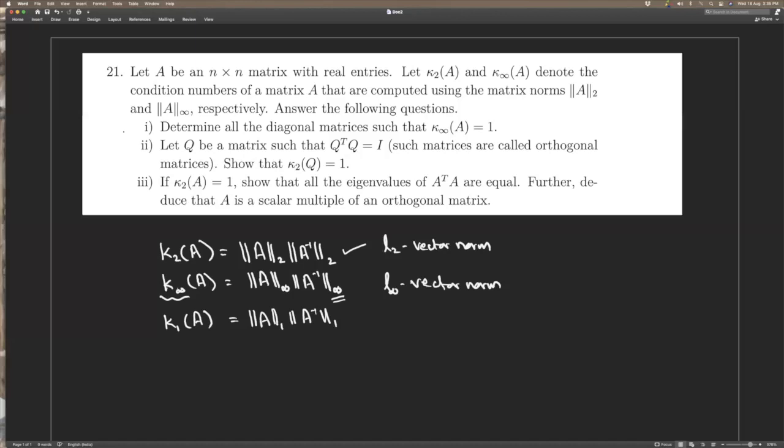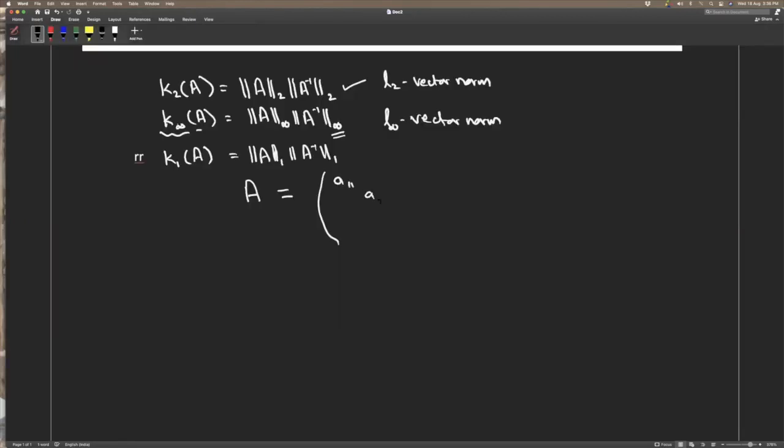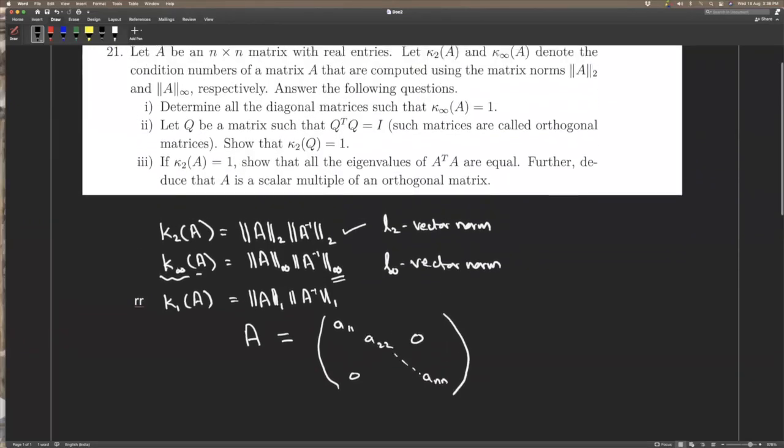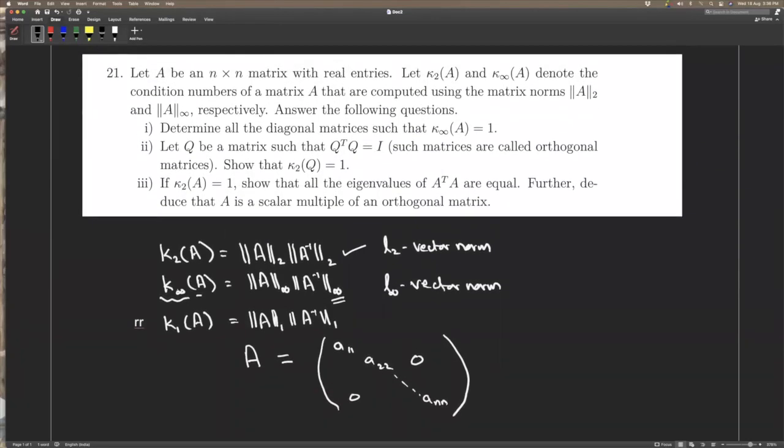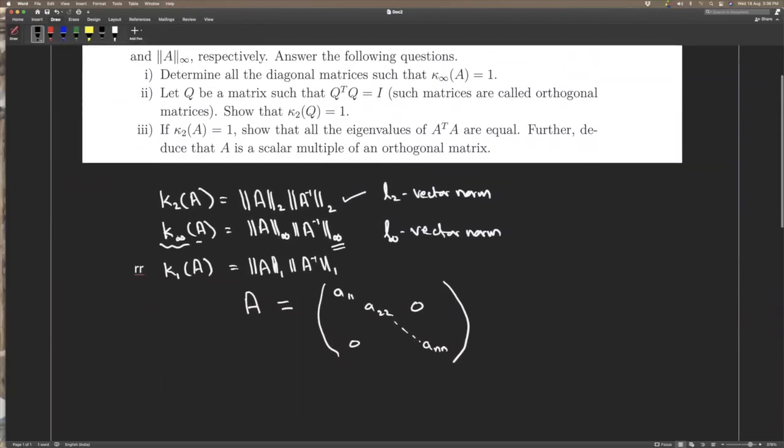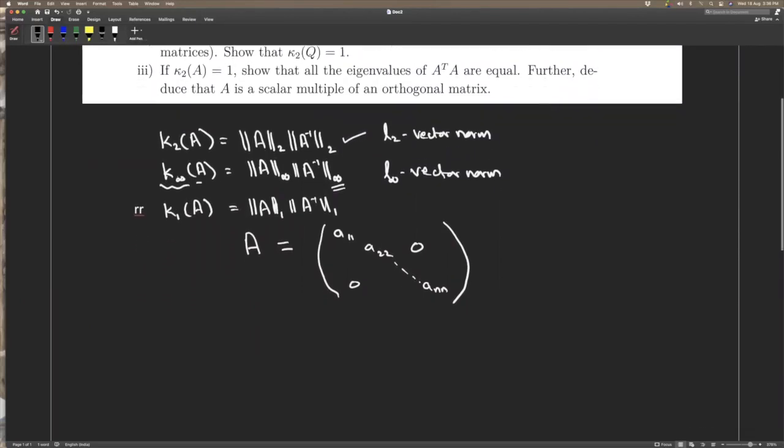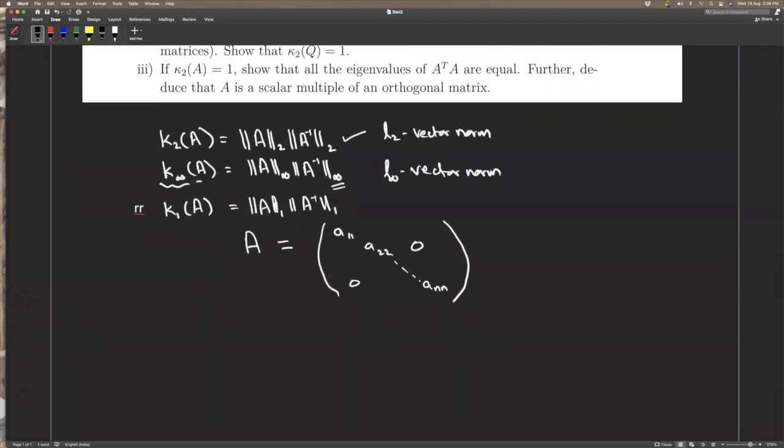Now, how will you find that? Well, you just write the matrix A as diagonal with entries a11, a22, and so on, ann, and 0 elsewhere. Why am I taking this? Because we have to find all the diagonal matrices such that kappa infinity is 1. So you just impose this condition, norm A infinity times norm A inverse infinity should be equal to 1.